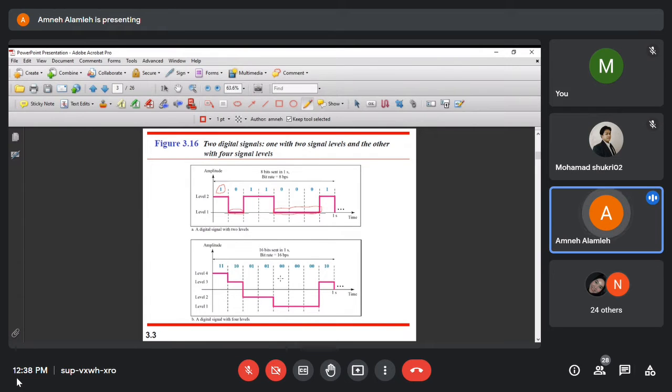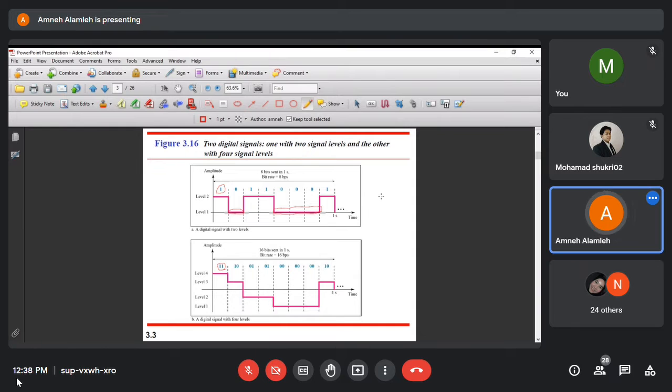In the second part of the figure, 16 bits can be sent in 1 second. In each cycle, we can send 2 bits. So, level 4 represents 1, 1. Level 3 represents 1, 0.